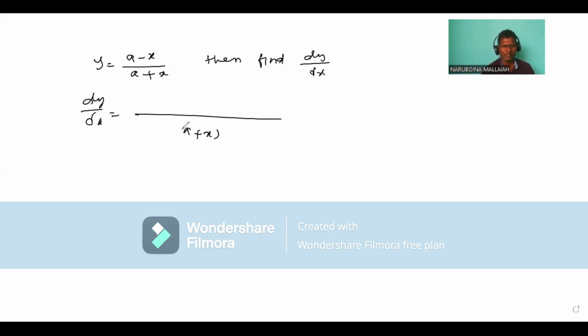A plus x is the denominator, so I am writing a plus x whole square. Now again start with the denominator a plus x, and derivative of numerator a minus x, minus, again write this a minus x, that means the numerator, into the derivative of the denominator a plus x.